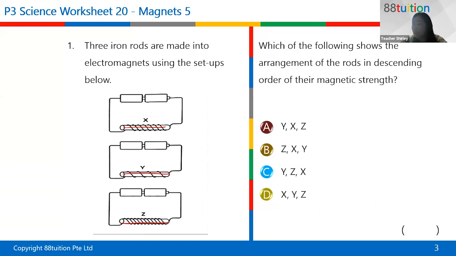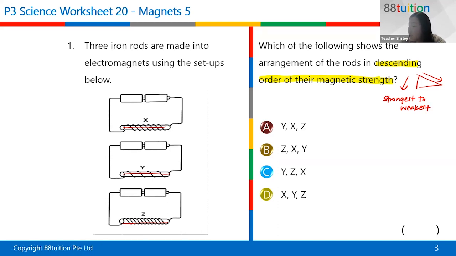So of course, this question is testing you on descending order of magnetic strength. What do we mean by descending order of magnetic strength? Descending means it's going down, right? Meaning from the strongest to the weakest.